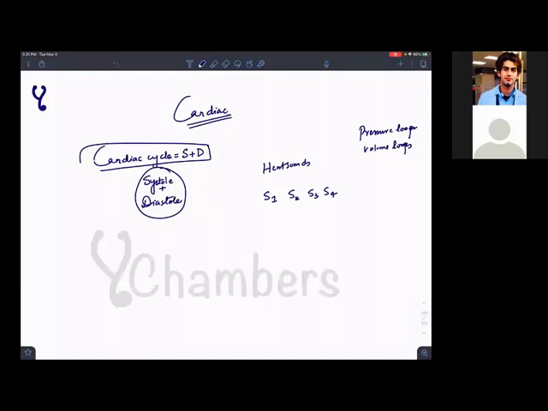Now systole is a part of a cardiac cycle. Diastole is a part of a cardiac cycle. Please remember two words.